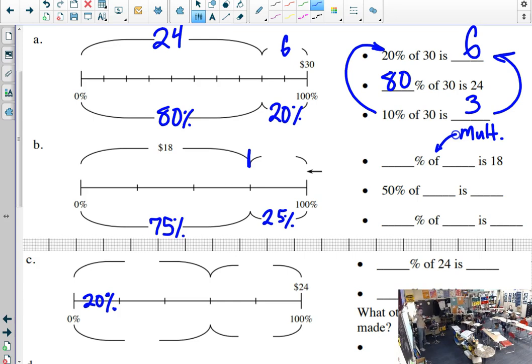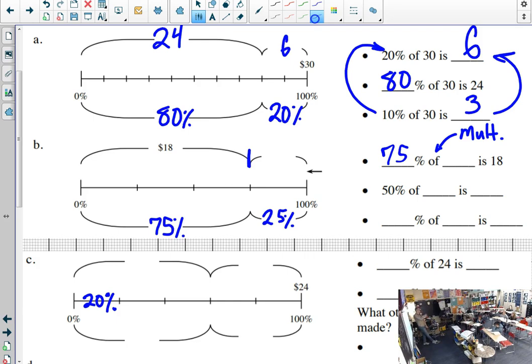Look at the model. Go down to the bottom and see, is there a way to know what percent is the same width? 75, right? So that 18 goes with my 75%, but this has to be the total. And we don't know the total yet.